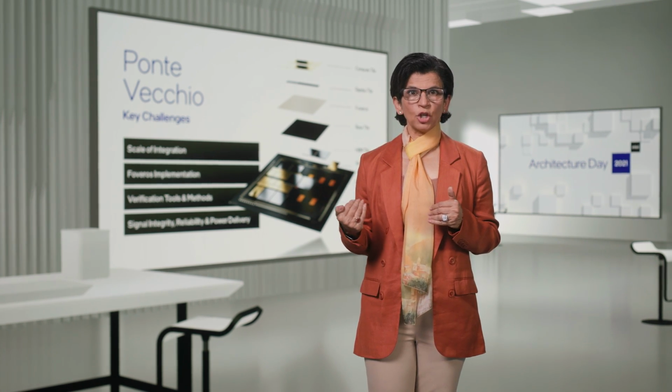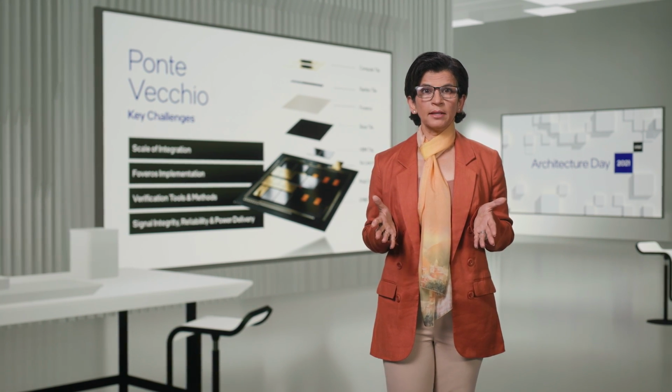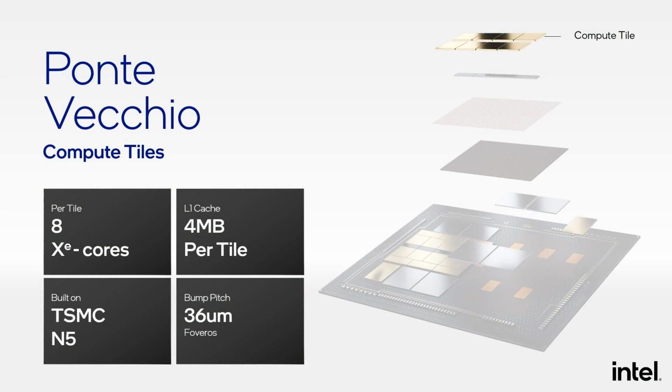While Ponte Vecchio was a challenge in aggregate, these individual tiles had a level of design complexity of their own. Compute tile is a dense package of Xe cores and is the heart of Ponte Vecchio. One tile has 8 Xe cores with a total of 4 megabyte L1 cache, which are key to delivering power-efficient compute.